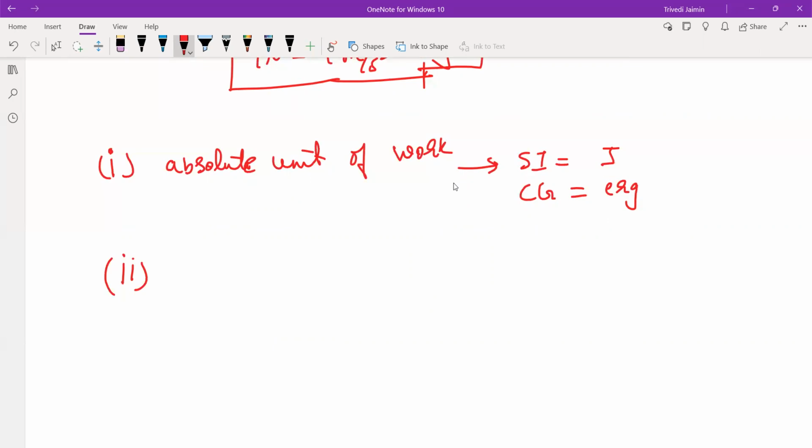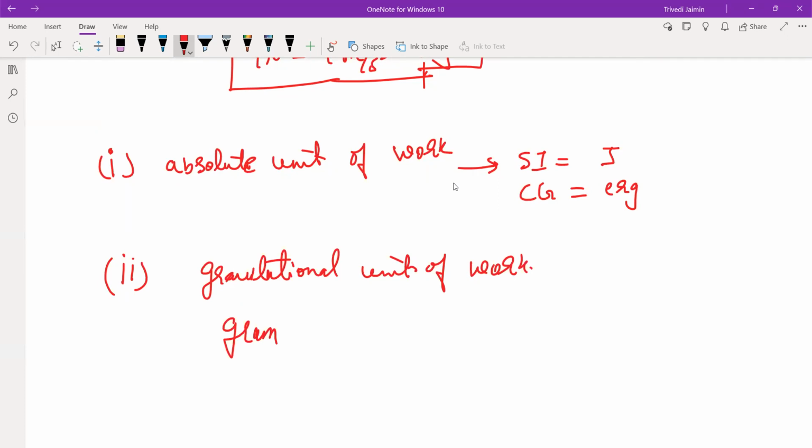See, I'll show you here. Work is gram, let me write the short form: g cm, gram centimeter, that is CGS.